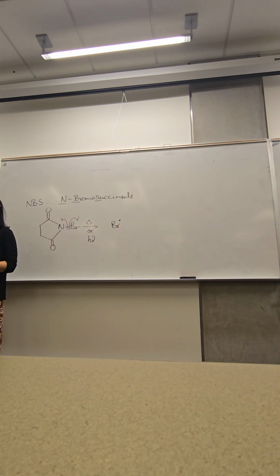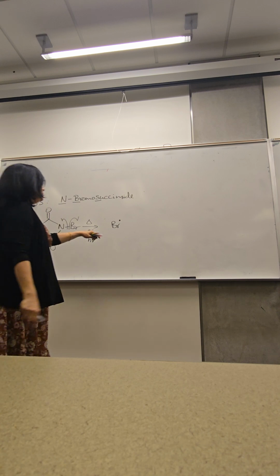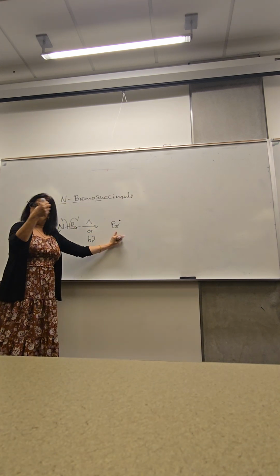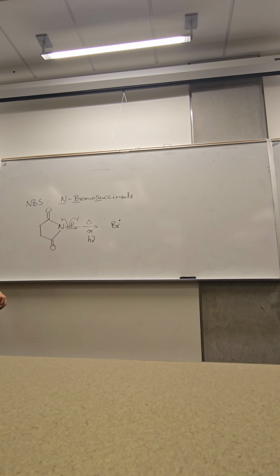Not like Br2, this dissociates at a slower pace. So there's never a very huge concentration of bromine atoms in your reaction system. There's always a small concentration there. Lasts longer, good. And because it always goes through slowly, it's able to give us this in almost 100%.